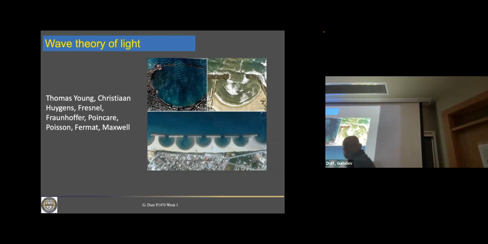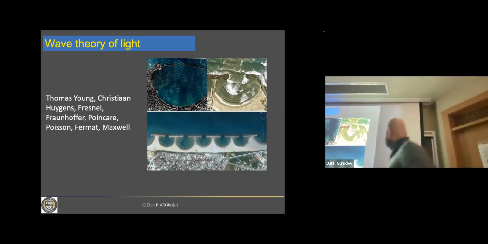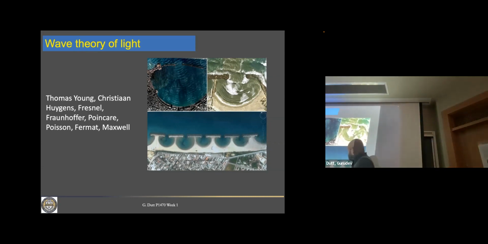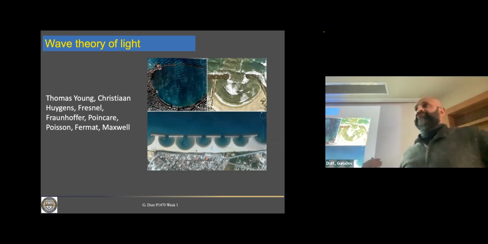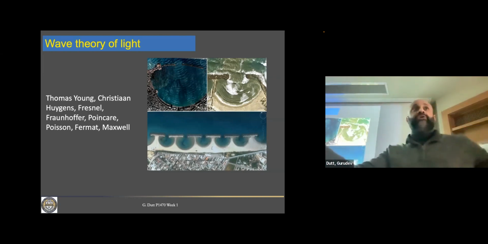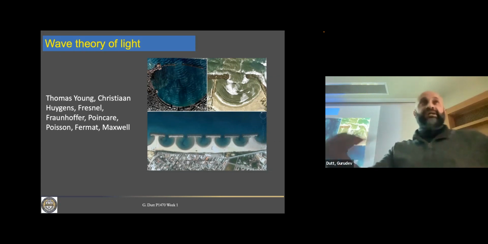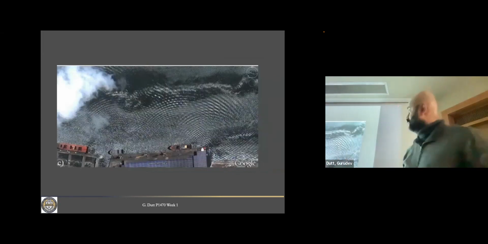I'm sorry, the resolution isn't good enough, but on my screen I can see little ripples in each of these ponds. And so we see that when waves hit these apertures, they spread out. That process of the waves spreading out is called diffraction.